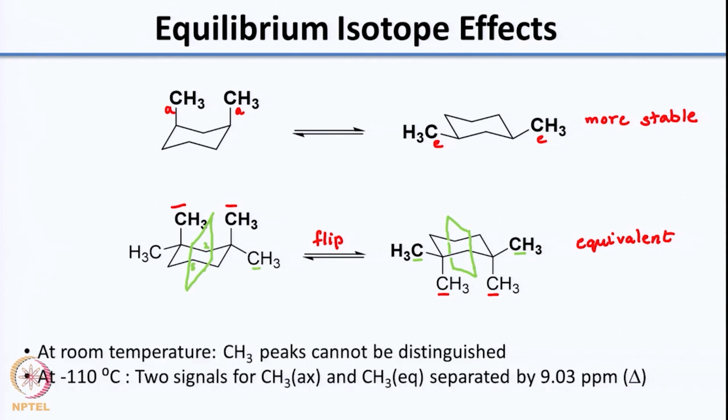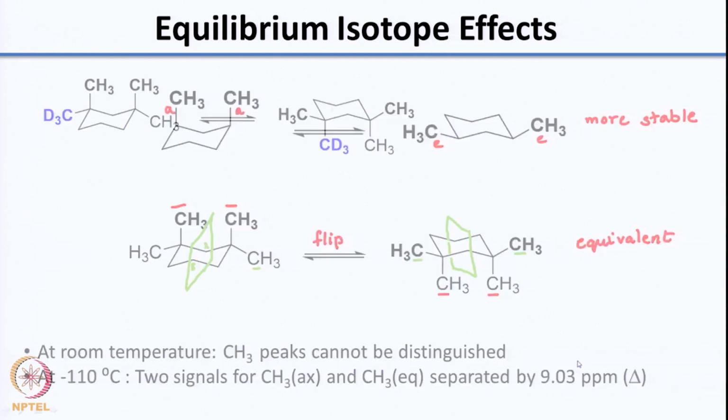So, because of this you are not able to differentiate the axial and equatorial CH3 peaks. But when you lower the temperature, this ring flip does not happen, because of which you see separate peaks for the axial and equatorial, and the peaks are separated by 9.03 ppm.